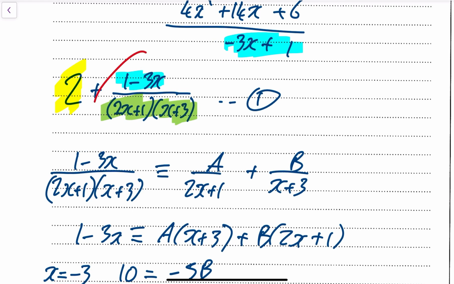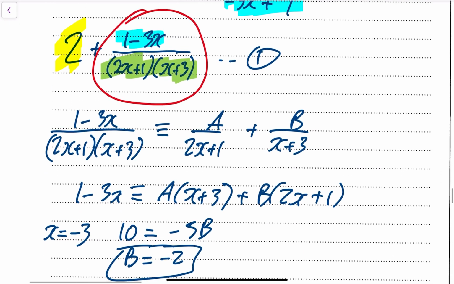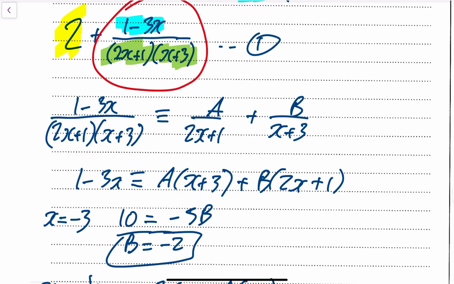We've got to use our partial fractions to do this. So we rewrite it as (1 minus 3x) over (2x plus 1)(x plus 3) is identically equal to A over 2x plus 1 plus B over x plus 3. Multiply across, then: 1 minus 3x is identically equal to A(x plus 3) plus B(2x plus 1).